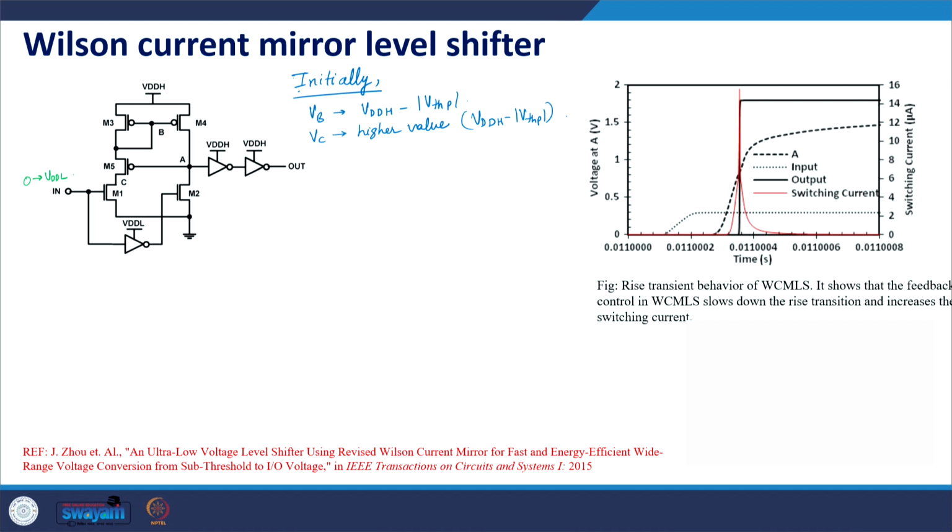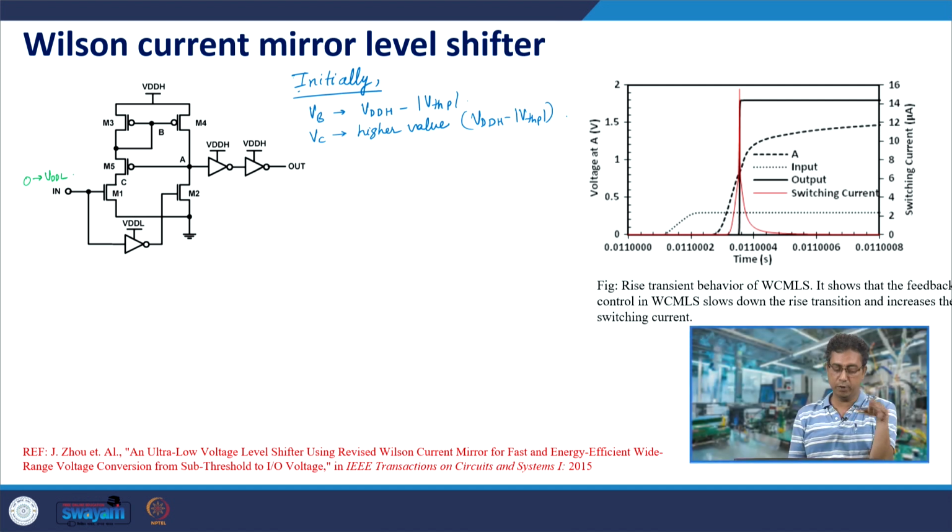So VC starts discharging, and once VC starts discharging, a VDS develops across M5 and there is a current through M5, and therefore eventually a current through M3 also, and VB starts falling.